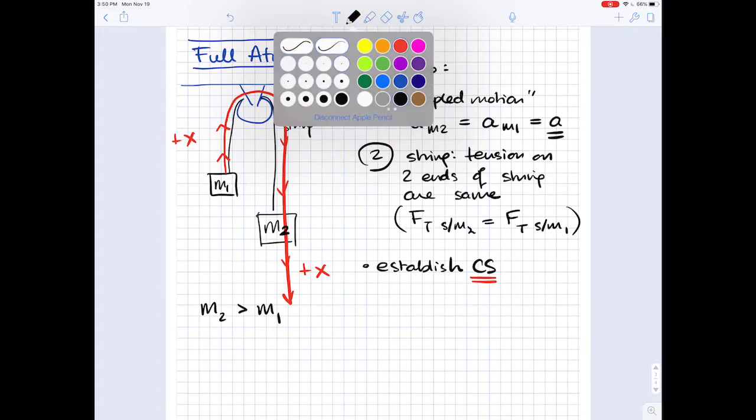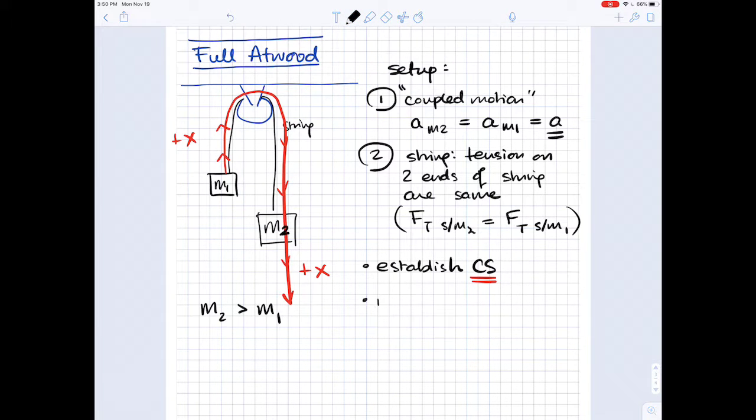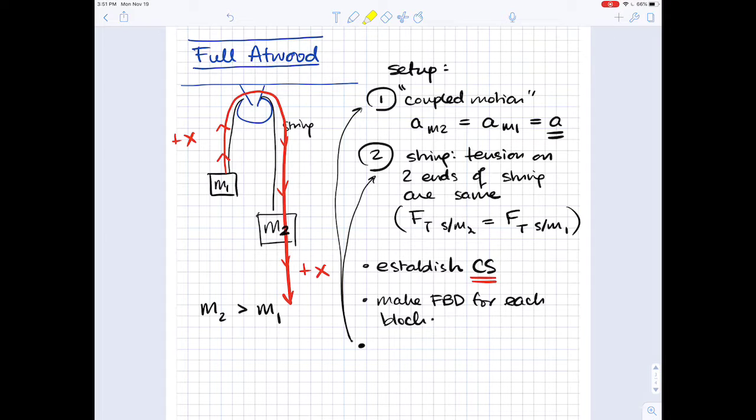Okay, so the next thing you would do, you would make a free body diagram for each block. And then you would have a system of linear equations, so make sure that you label the things that are the same. So go back and check these 2 things, that you've labeled them the same in your equations.